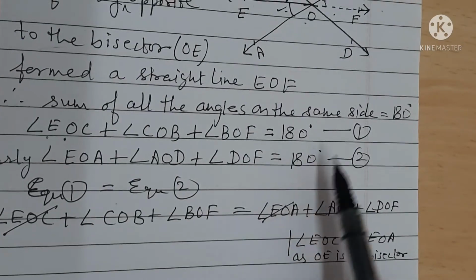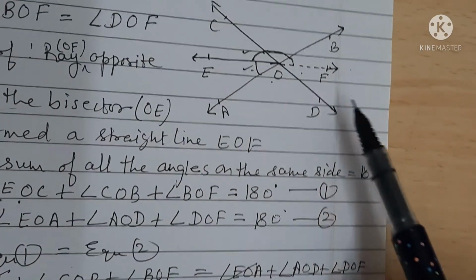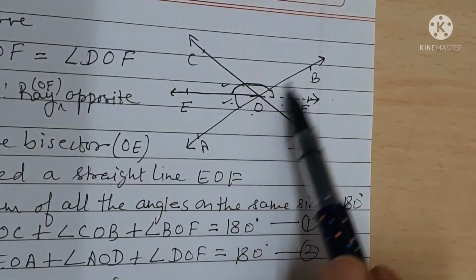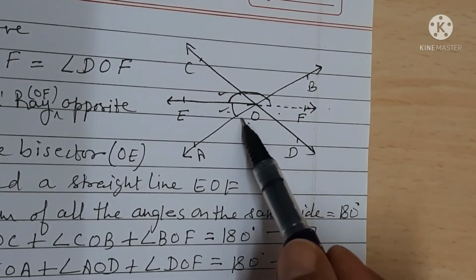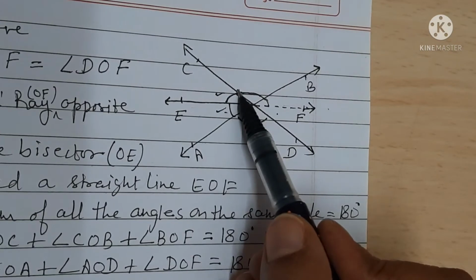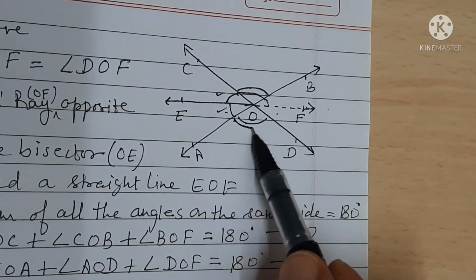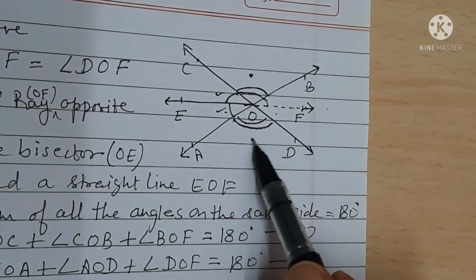Now here this angle COB is equal to angle AOD. Both are vertically opposite angles, this and this.